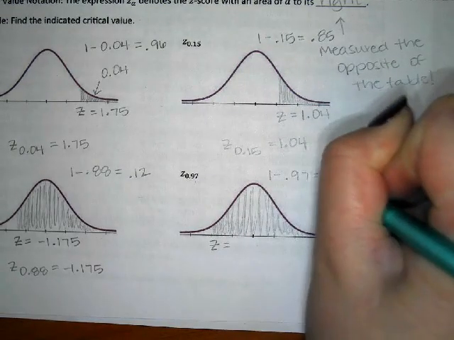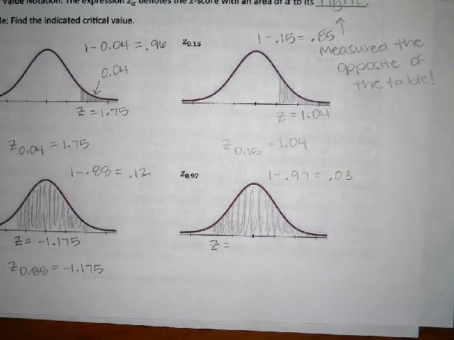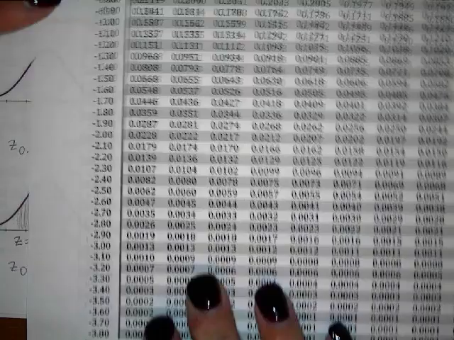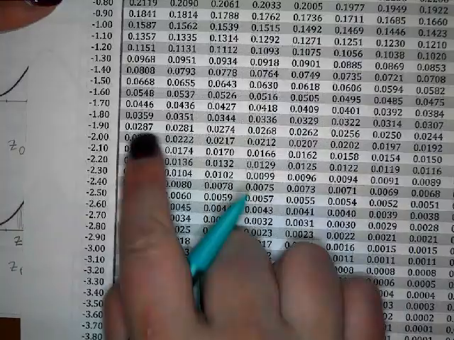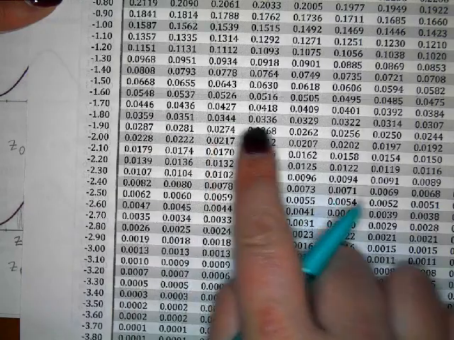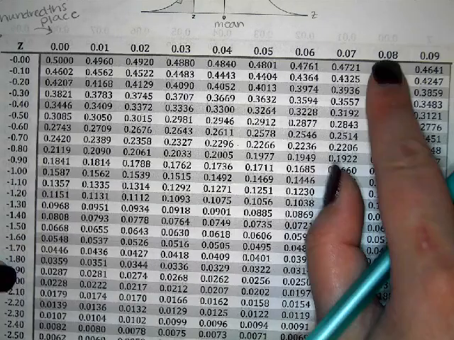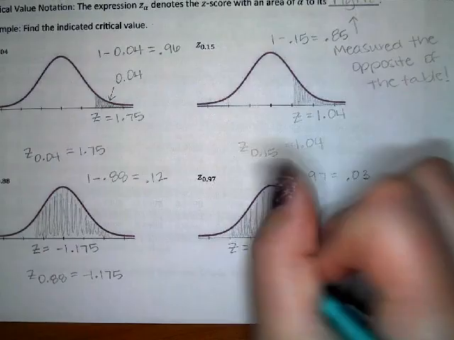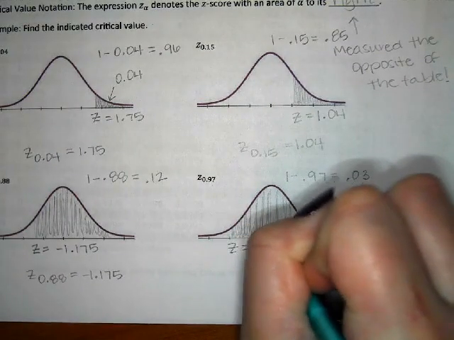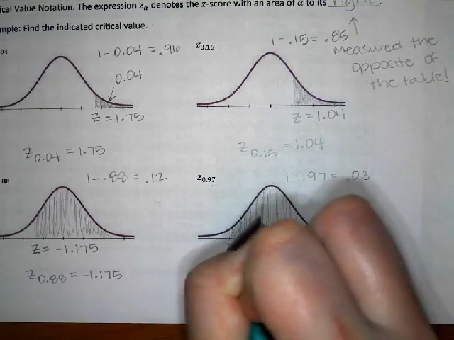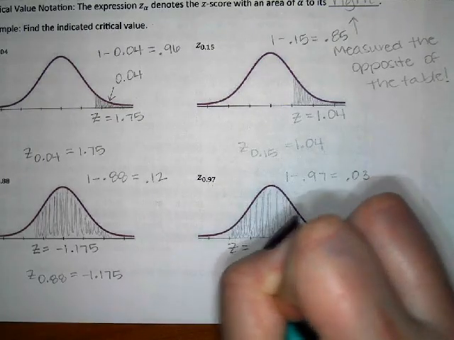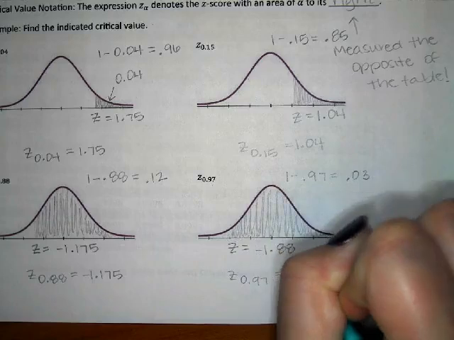Oh, that's very close. 0.0301 is really close. So negative 1.88. And again, for these, you don't have to draw the picture, but sometimes it can help you make sure that your answers are reasonable.